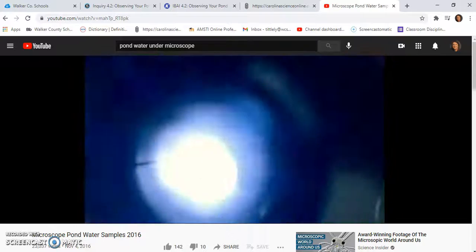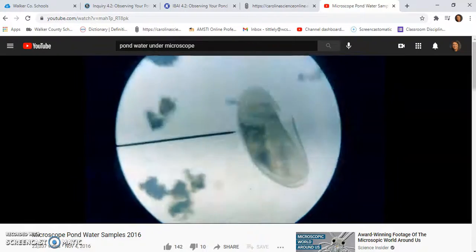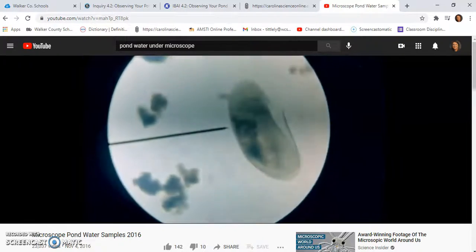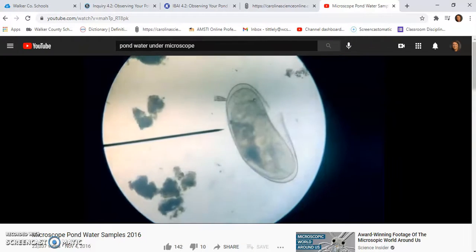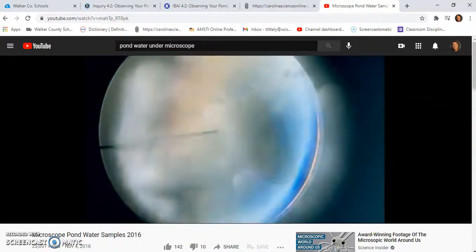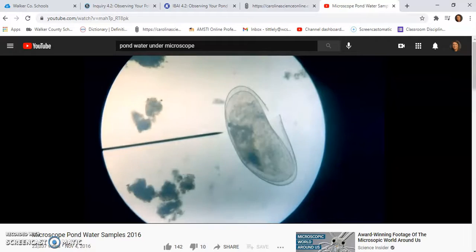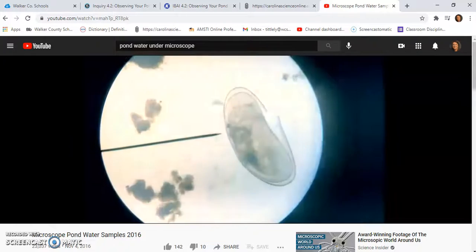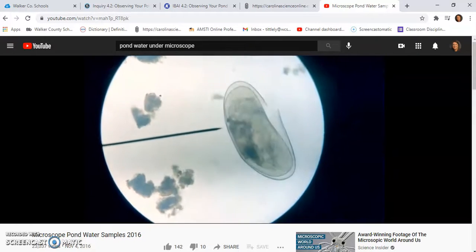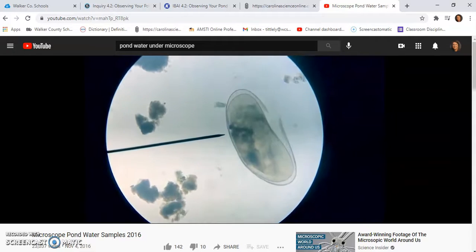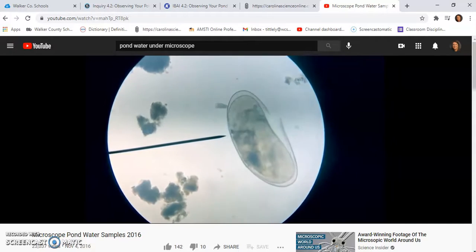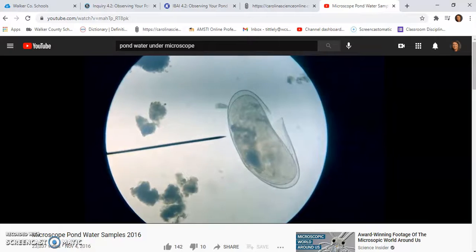All right, they must have found something interesting. Looks like they have theirs on high power, so that would be 400x. See, you can see a little movement inside.